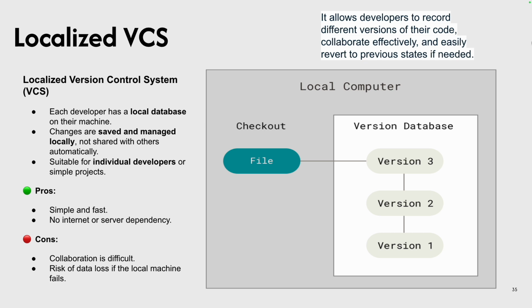So this is your file. This is your local computer. You have a local repo, also a local branch. What you do is you make changes to your file and commit it to your local repository.